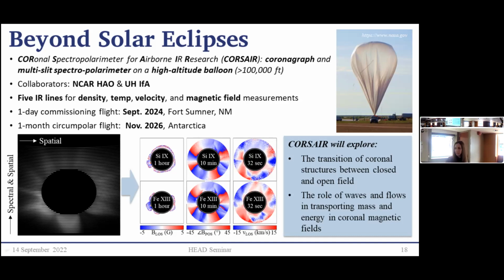And so you can see what our hopes of the level 2 data will look like right now. We have a fairly sensitive measurement of line-of-sight magnetic field over 1 hour, although it's really noisy. And then plane-of-sky field direction, which has been measured by other instruments, is much higher signal-to-noise ratio. And then we have velocity measurements as well.